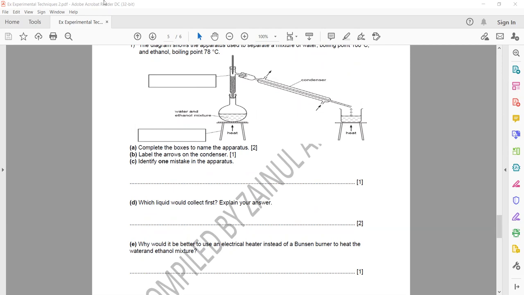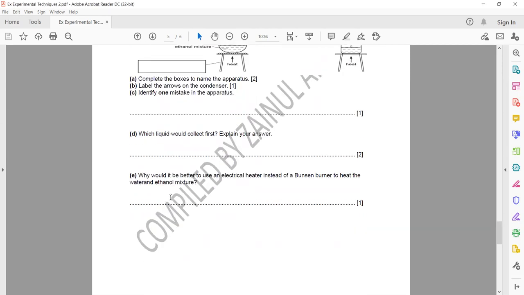So you can mention ethanol is a flammable liquid, or you can mention because ethanol is flammable, it can catch fire. Any one of them you can mention as an answer. Is it clear?